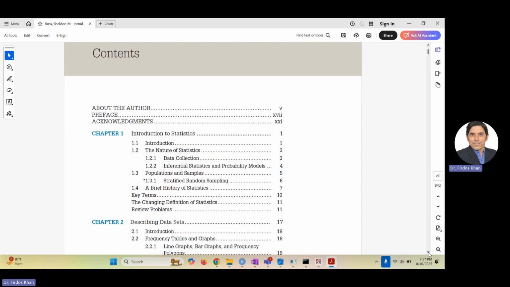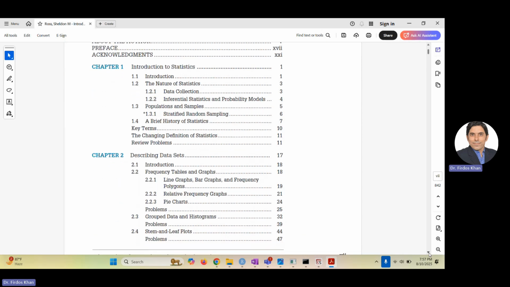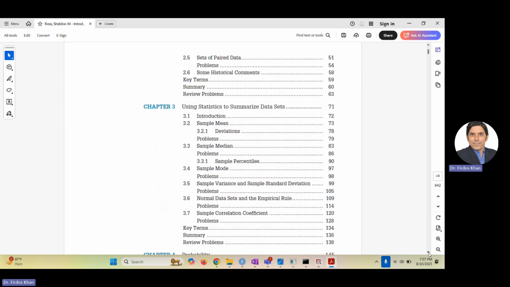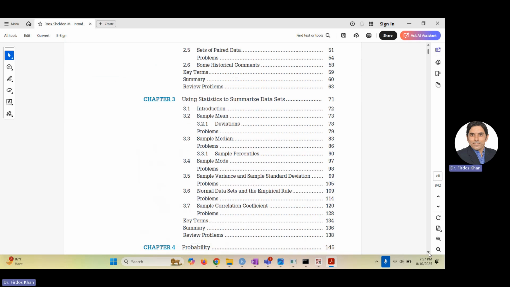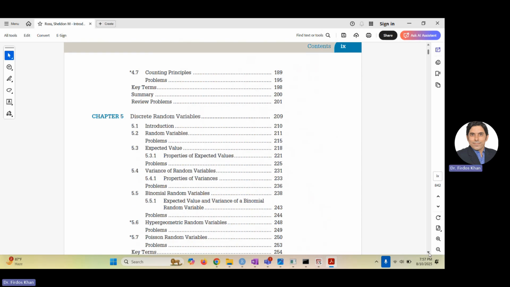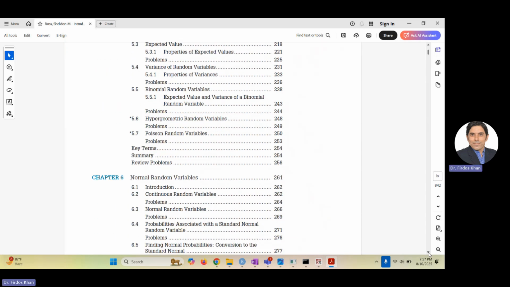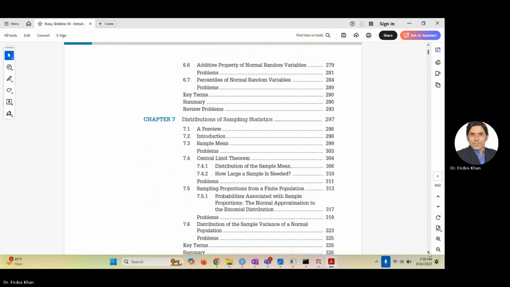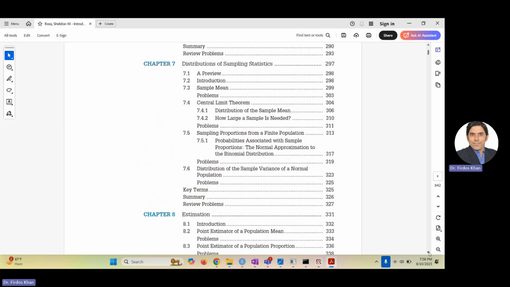There's introduction to statistics, describing data sets, using statistics to summarize data sets, probability, discrete random variable, normal random variable, distribution of sampling statistics, and estimation.